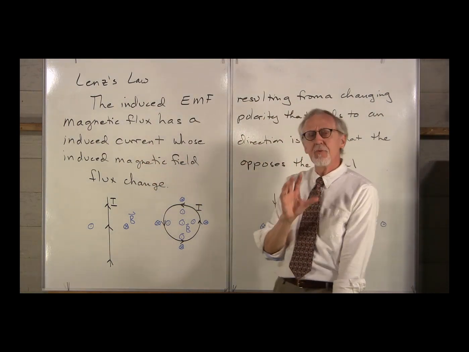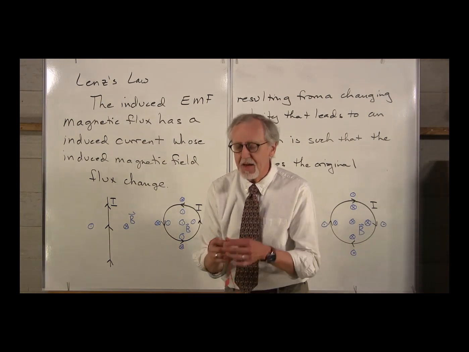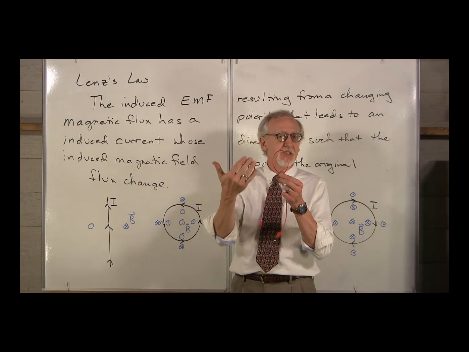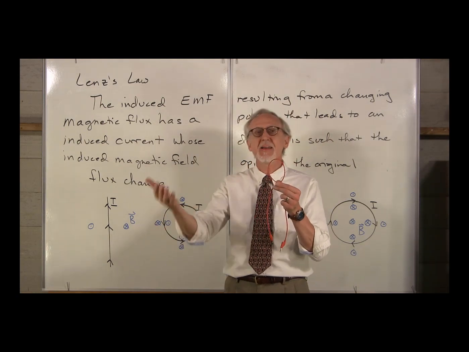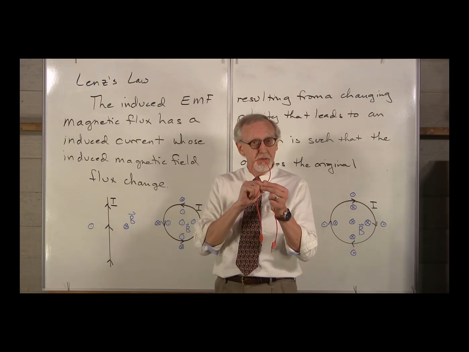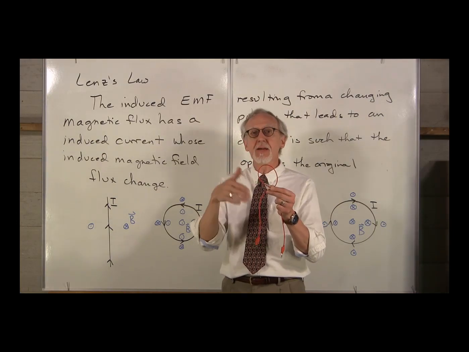So the EMF around the loop creates a current in the loop. Whatever is changing the flux, whether the loop is moving toward the magnet or otherwise, there's going to be an EMF around the loop that creates a current.